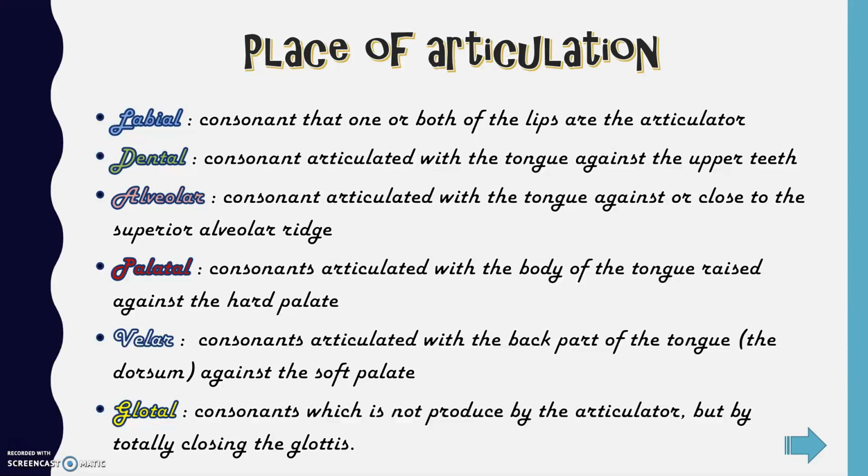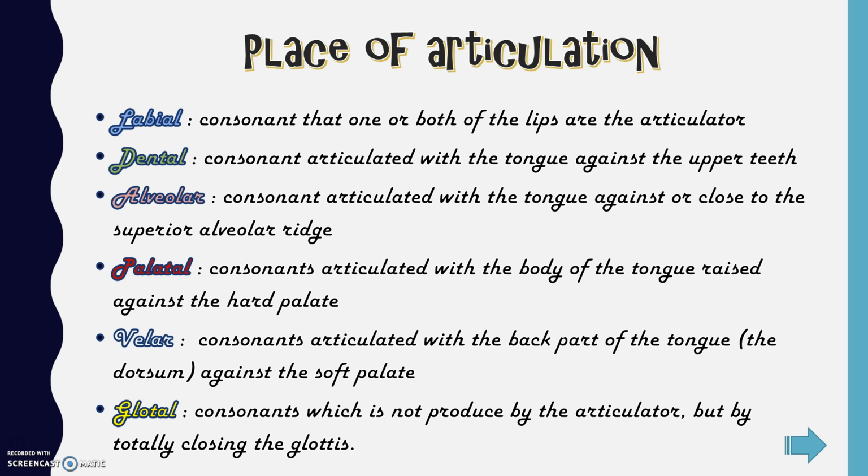Dental is a consonant articulated with the tongue against the upper teeth. Alveolar. Alveolar is a consonant articulated with the tongue against or close to the superior alveolar ridge. Palatal. Palatal is a consonant articulated with the body of the tongue raised against the hard palate.